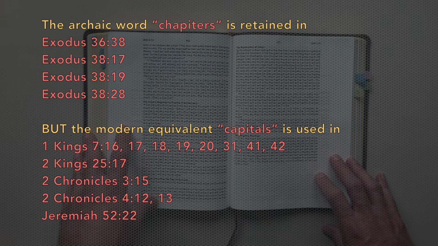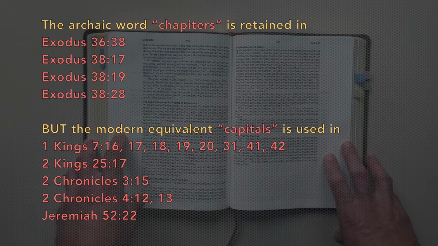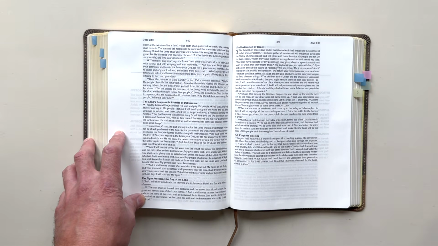But the modern equivalent, capitals, was used in 1 Kings 7, verses 16, 17, 18, 19, 20, 31, 41, 42. Capitals was also used in 2 Kings 25:17, 2 Chronicles 3:15, 2 Chronicles 4:12 and 13, and Jeremiah 52:22. And let me see how many more I've got of these. Yeah, just one more, sorry.